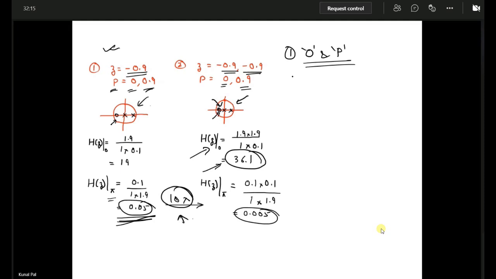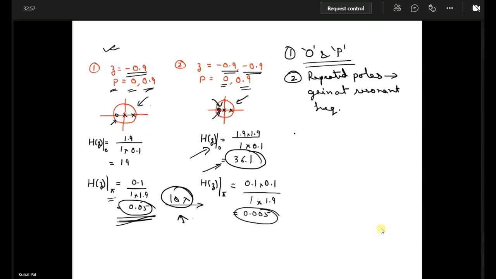In the second case, what we saw is that when we place repeated poles, it is increasing the amplitude gain. It is increasing the gain at the resonant frequency, but it is also having a significant effect on the other frequency components too.